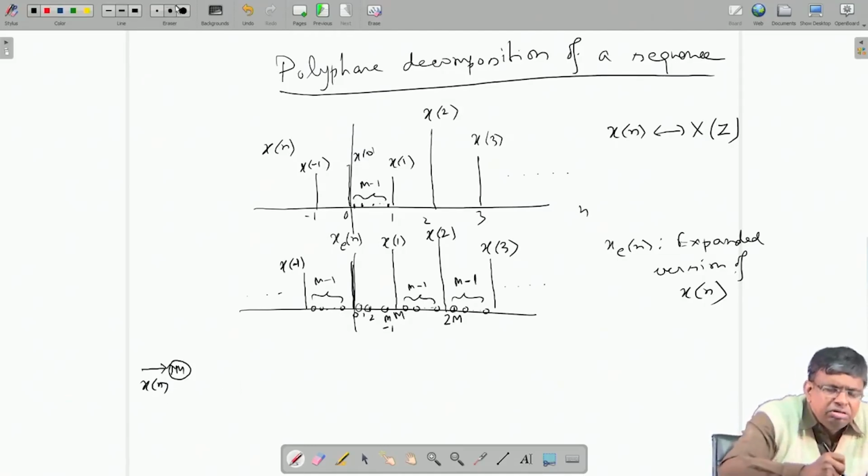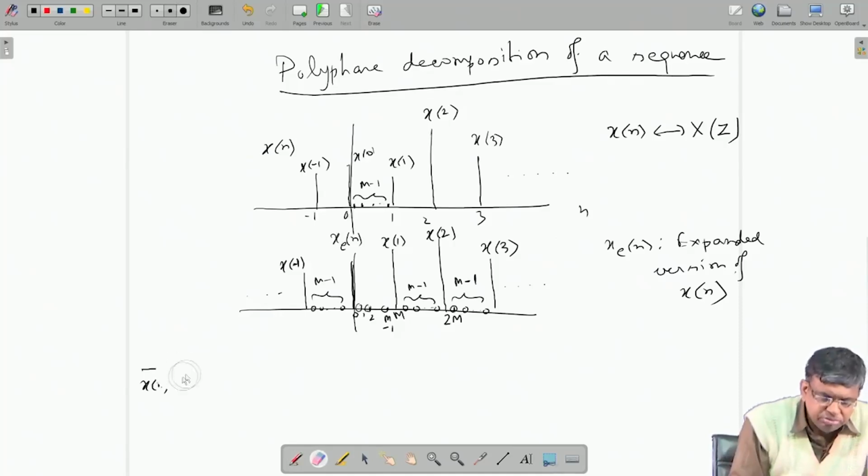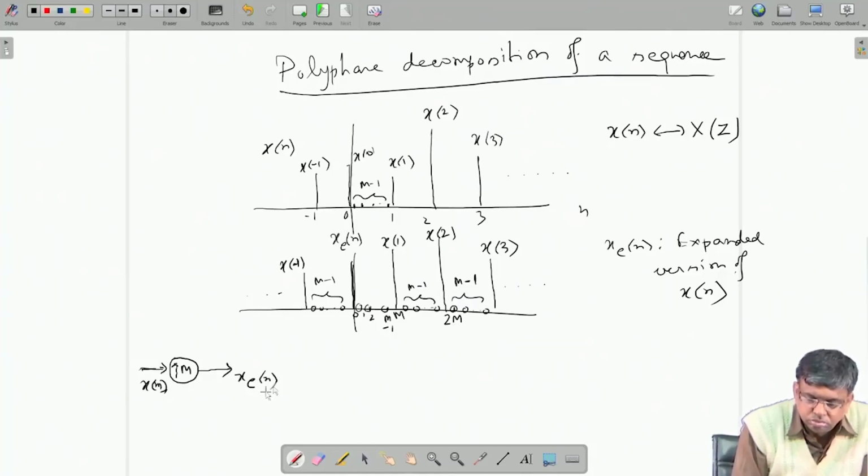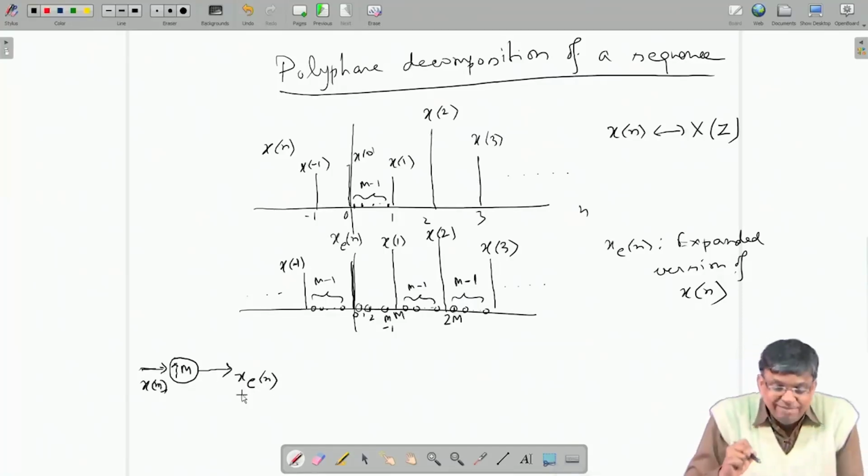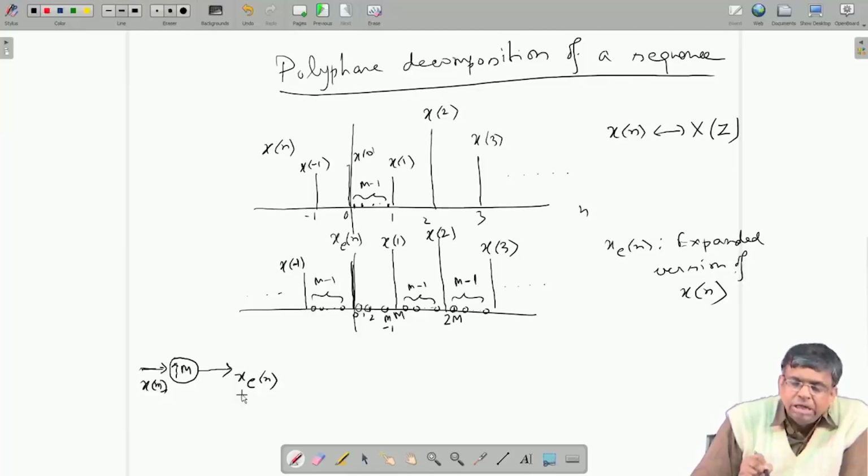Still it is not coming. This is a problem with this board, a very serious alignment problem. This is the notation. It is called expansion.